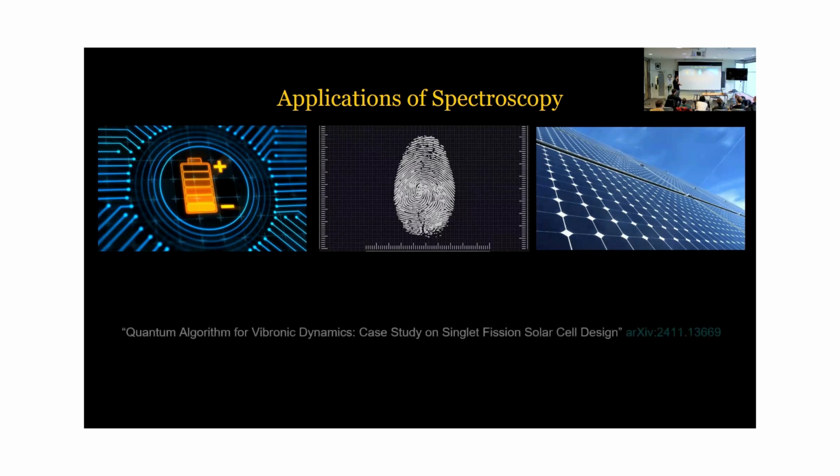Speaking of solar cells, we just recently, last night, published a paper on arXiv describing a new algorithm for performing vibronic dynamics. And we showed how you can use this algorithm. It's actually very optimized, and the numbers we're getting are really good. You can use this algorithm to design better solar cells based on a quantum phenomenon called singlet fission.